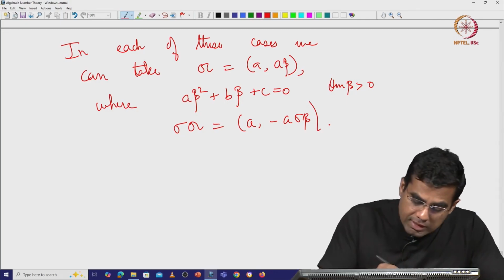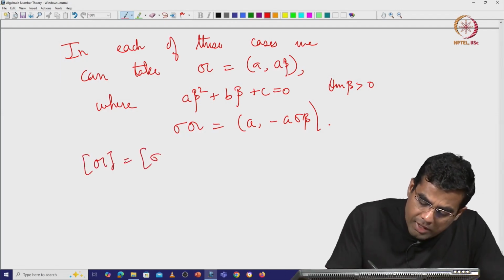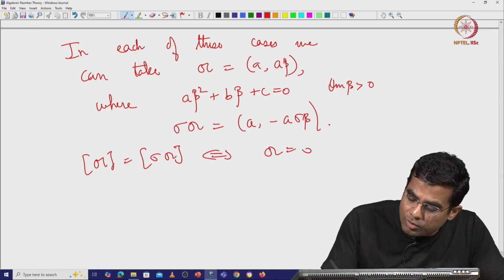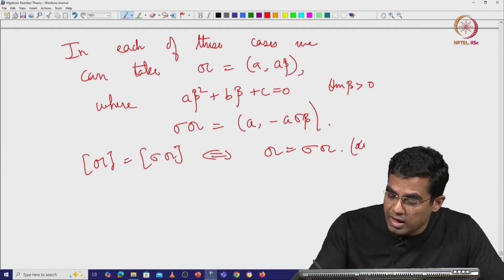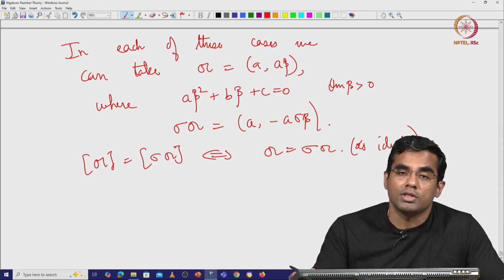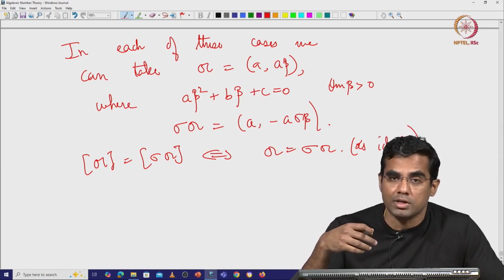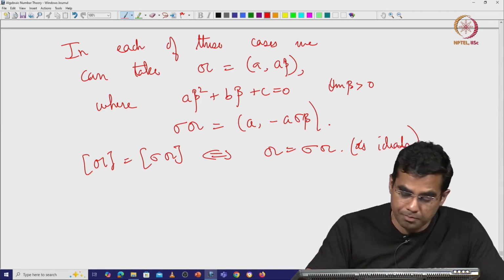All right. So, in this case we see that the class of A is equal to the class of sigma A if and only if A is equal to sigma A, as ideals. So, not only that their classes are the same, but with this good choice of a representative in each class, we see that the ideals themselves are the same.